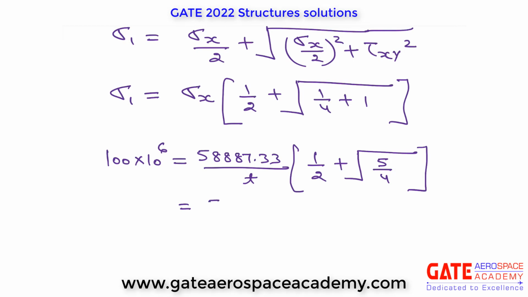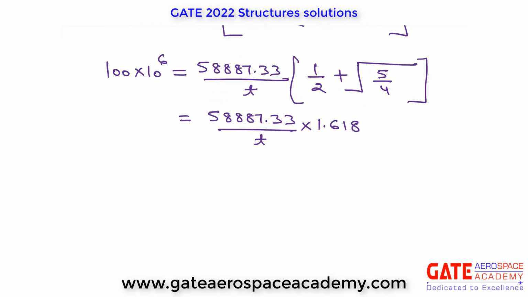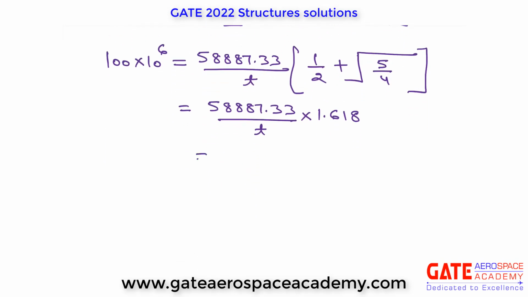So it will be 58887.33 upon T into 1.618, which gives 95281.7015 upon T is equal to 100 into 10 raised to power 6.